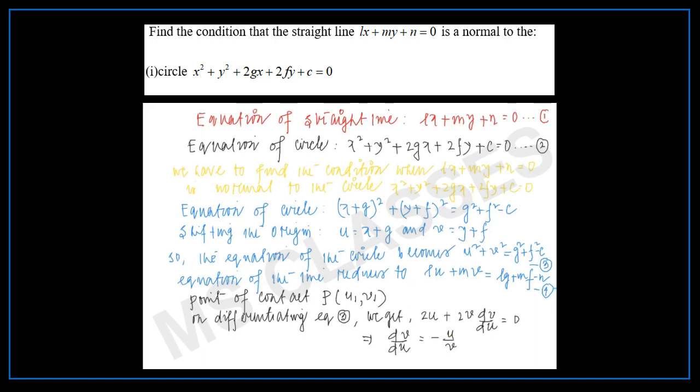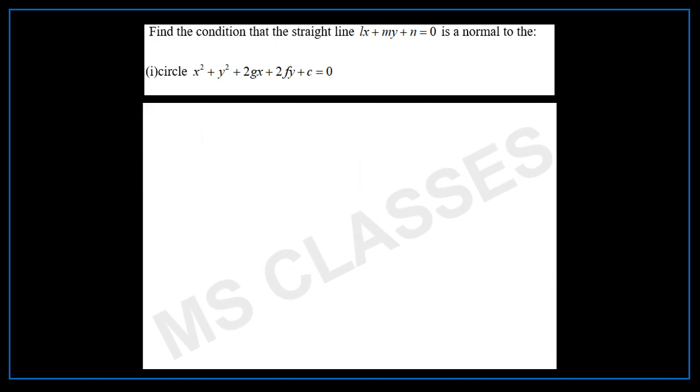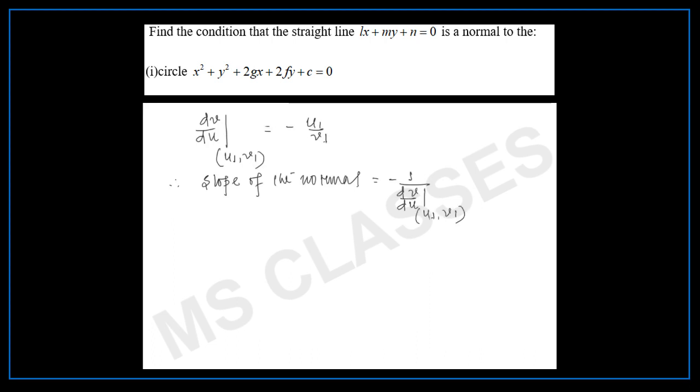Now we need the slope at the point (u1, v1). So dv/du at (u1, v1), which is the point of contact, will be equal to −u1/v1. And therefore, the slope of the normal equals −1 divided by dv/du at (u1, v1). Now this gives us v1/u1.